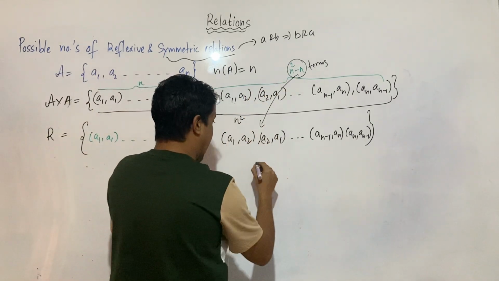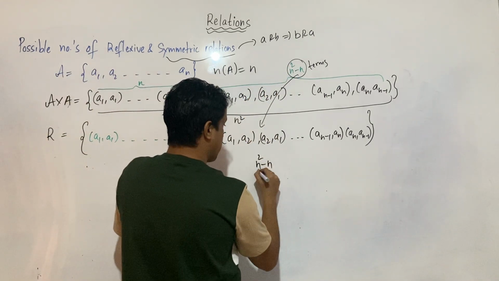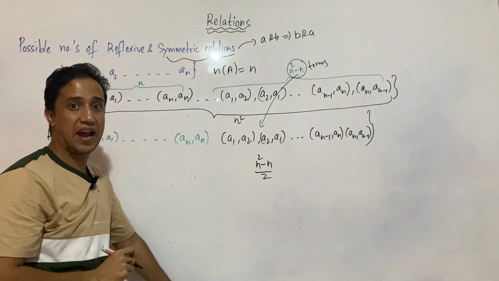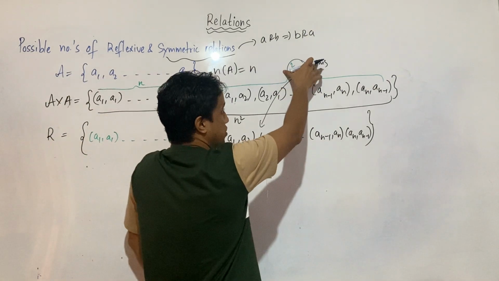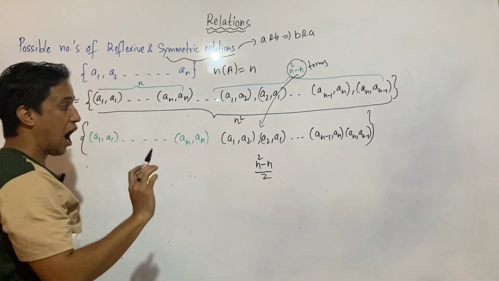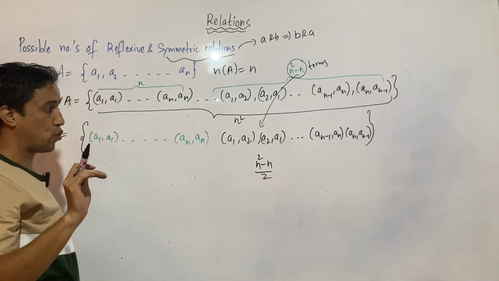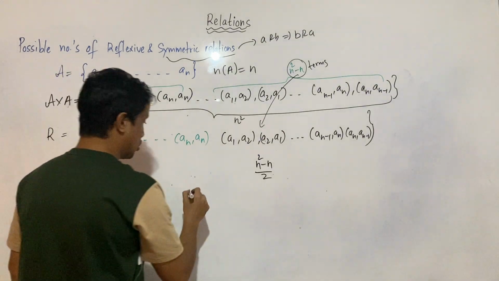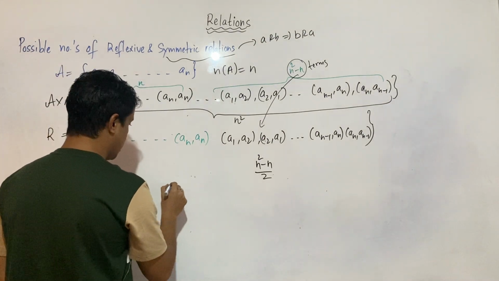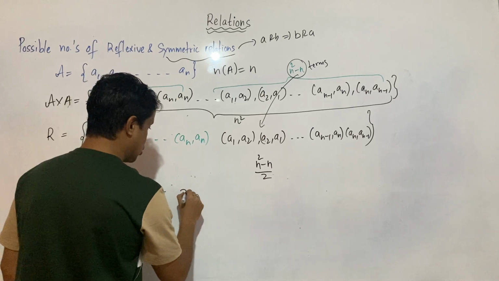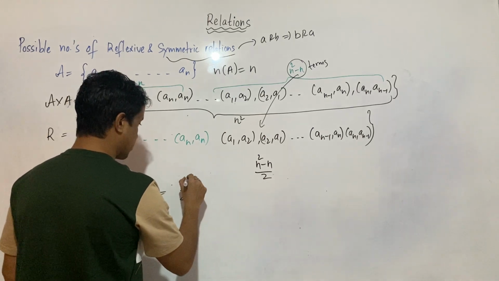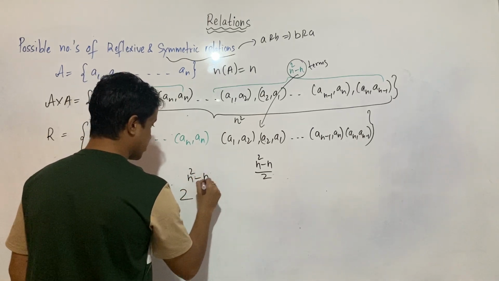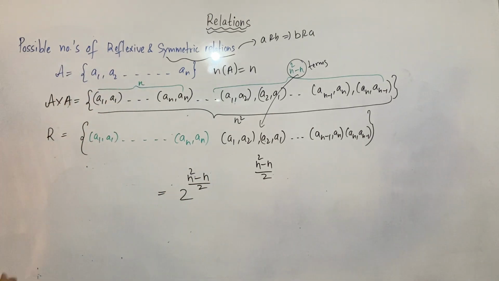So for (n square minus n) by 2 pairs, why by 2? Because these terms come in pairs. So we are going to get 2 raised to the exponent (n square minus n) by 2 possibilities.